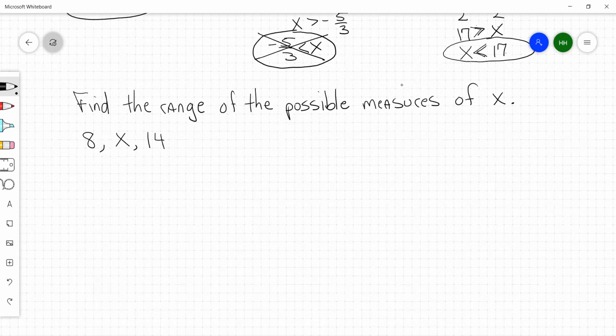We can take an 8 plus an x, and it's got to be greater than 14, doesn't it? What else can we do? X plus 14 has got to be greater than 8. And then 8 plus 14 has got to be greater than x.